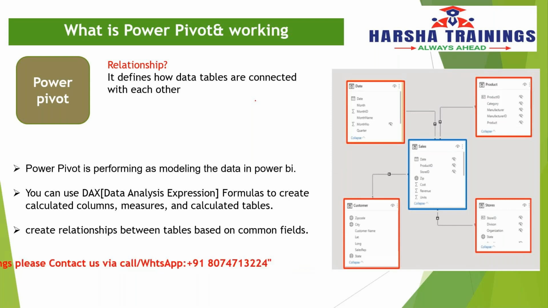And apart from that, whatever data you need to model yourself, you should know something about the fact table and dimension tables also. While we are working in Power Pivot, you will get it clearly. I'm just giving whatever you can do in Power Pivot. Everyone clear? Any doubts?